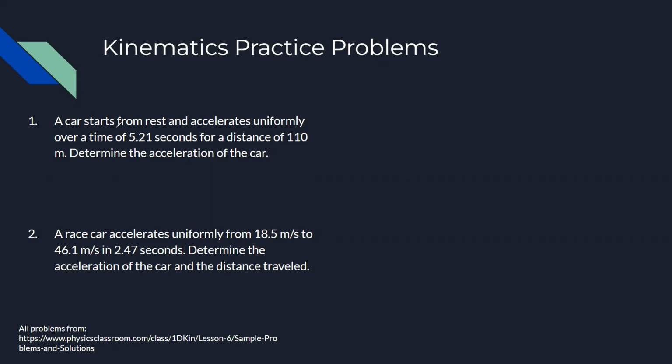A car starts from rest. And when something starts from rest, you know the initial velocity would be 0. It accelerates uniformly over a time of 5.21 seconds. So t equals 5.21.